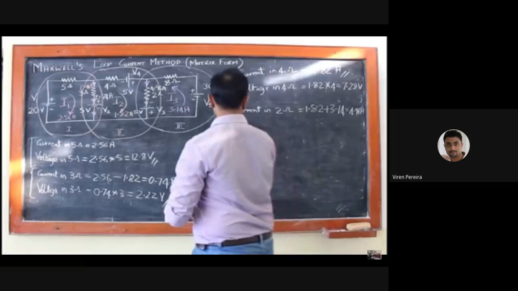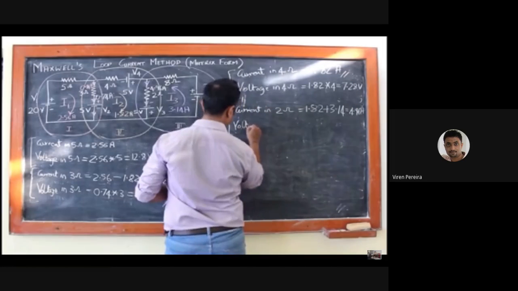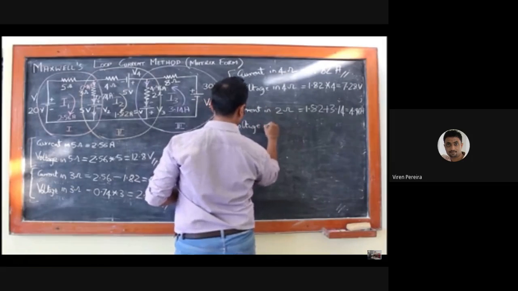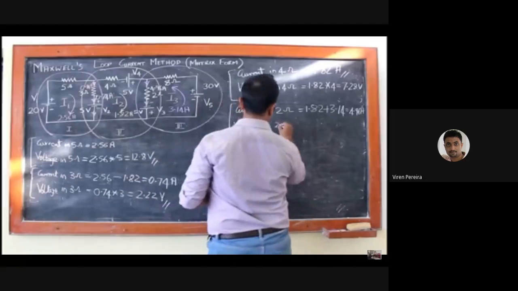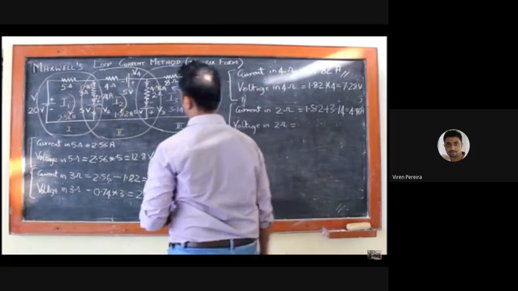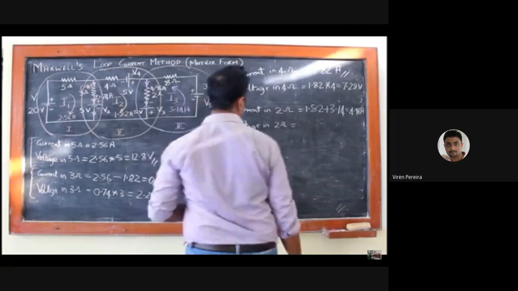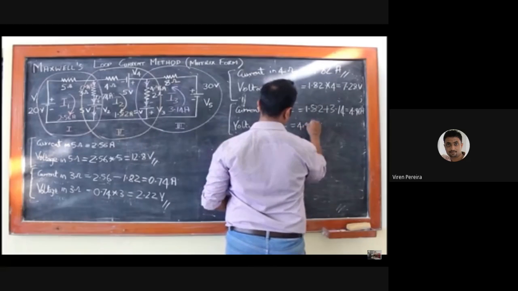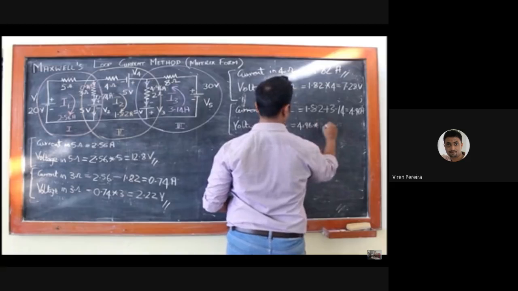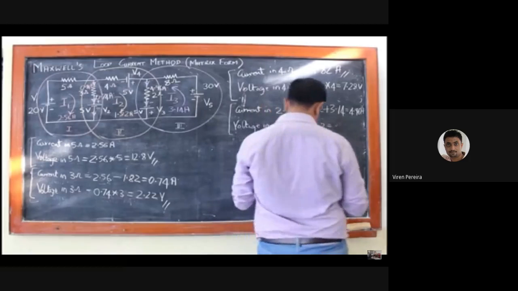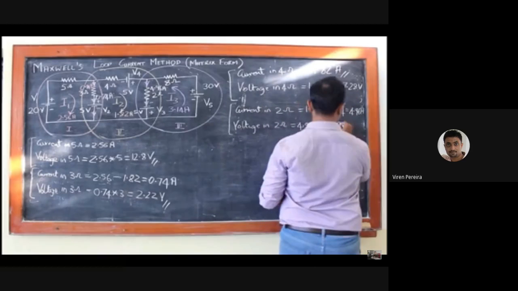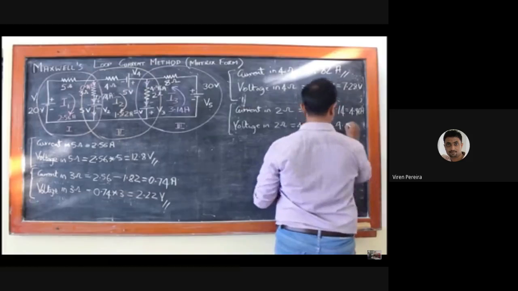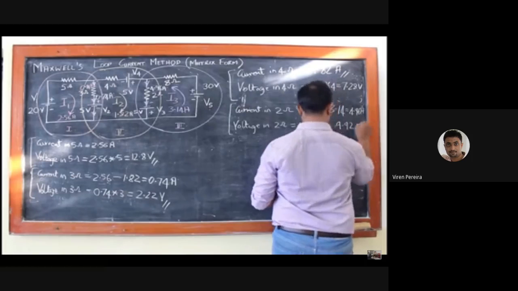In the same way, voltage in the 2 ohms resistor will be equal to I into R. I have the value of R, which is 4.96 into 2, which is equal to 9.92 volts.